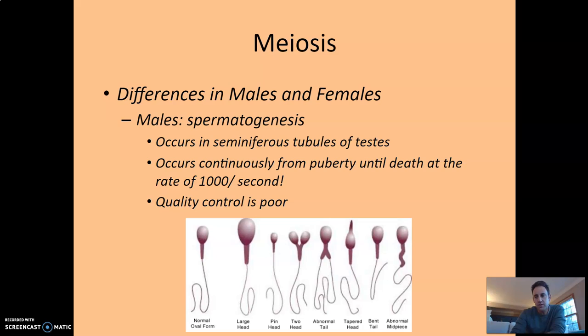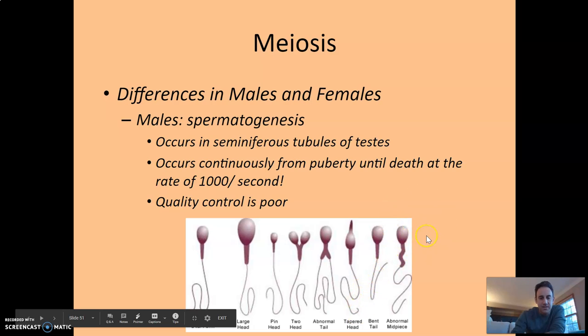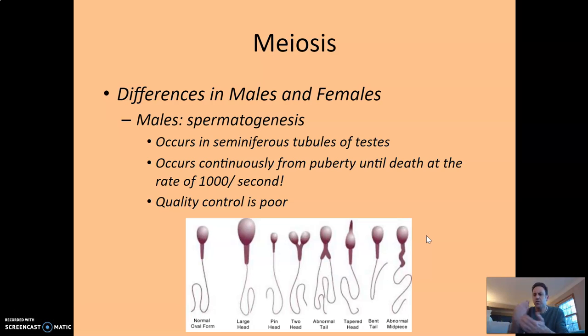Unfortunately, though, quality control is poor. Not all the sperm are how they're supposed to be. So this is the typical sperm, but then you've got these deformed, messed up ones: large head, pinhead, 2-head, abnormal tail, tapered head, a bent tail, an abnormal midpiece. So quality control is poor. I guess in terms of sperm production, it's just crank out as much as you can.